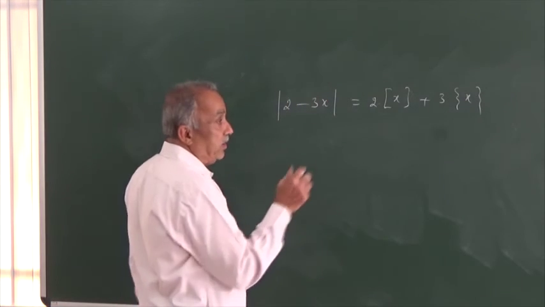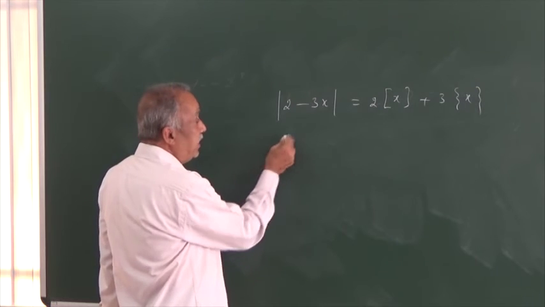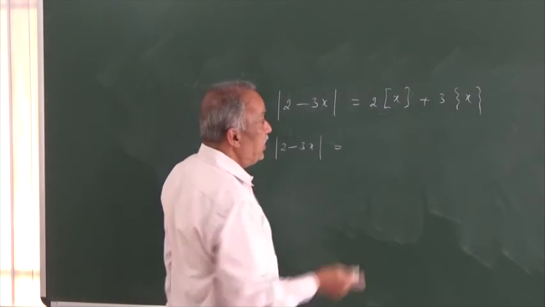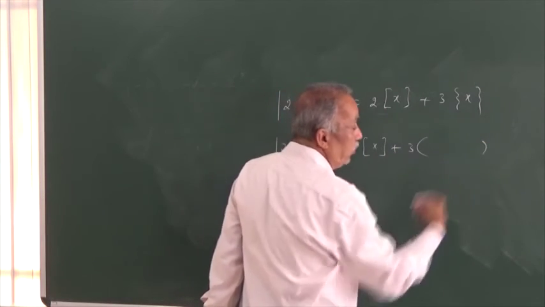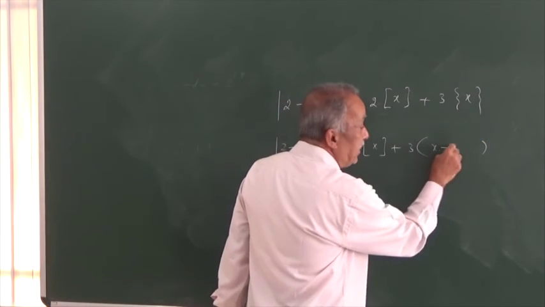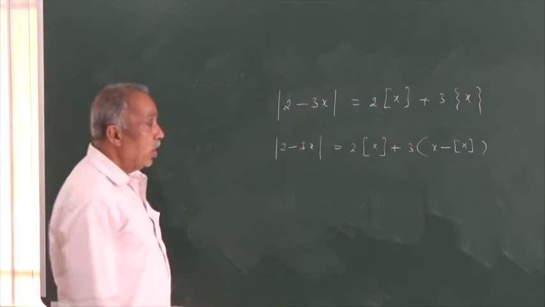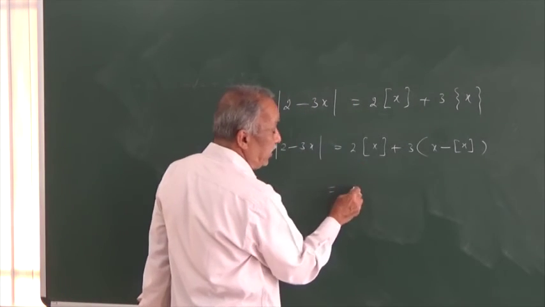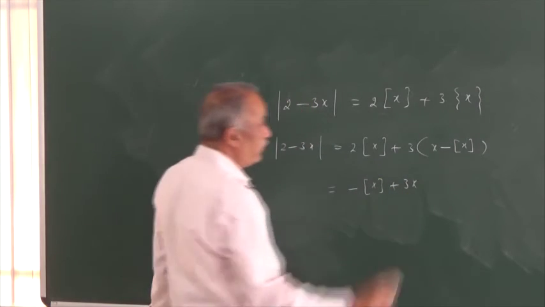Okay, using that relationship between fractional part and integer part, I get the equation rewritten as mod 2 minus 3x equal to 2 into integer part x plus 3 into x minus integer part x. Or my equation becomes 2 into integer part minus 3 into integer part minus integer part x plus 3x.